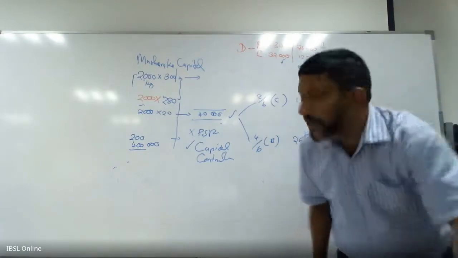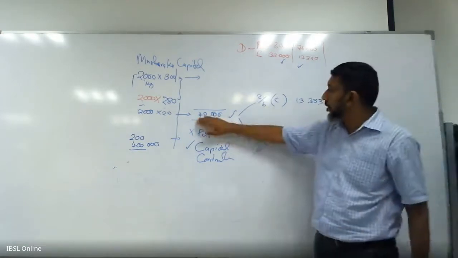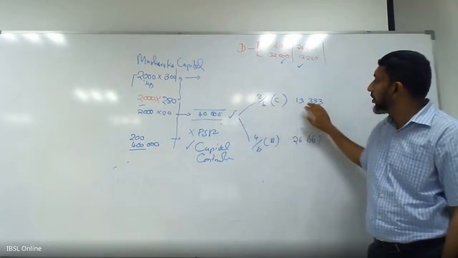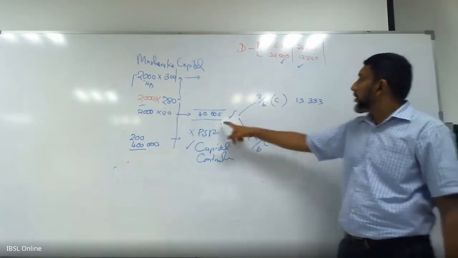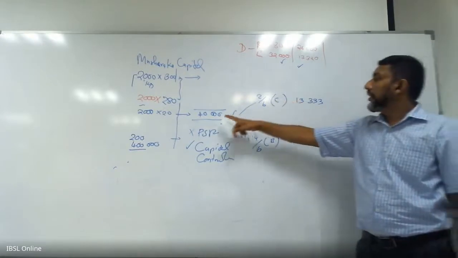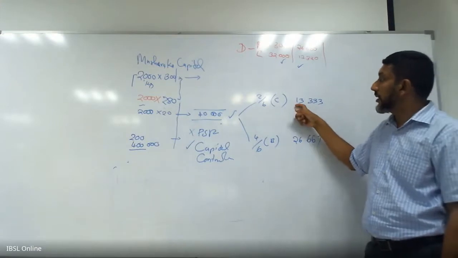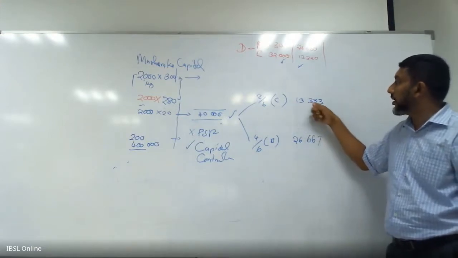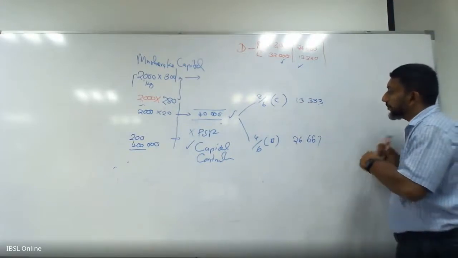Is this right? No answers, please. So 40,000 loss, 1/3 of 30,000 is 10,000. 1/3 of 10,000 is 3,333. So 13,333. Yeah, that's the answer.